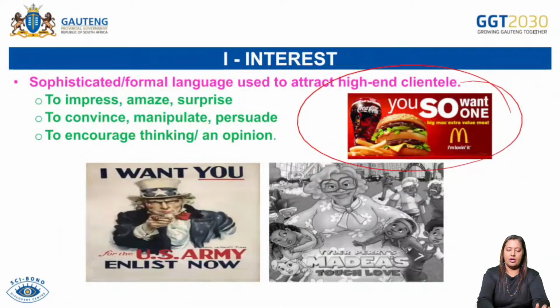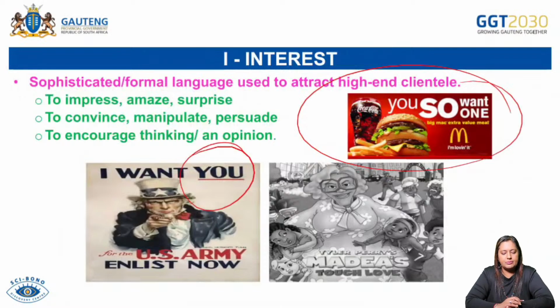The other one, "I want you," the US Army, for example, would immediately stand out. The word "you" would immediately stand out to me because you can see it's bolded and underlined in a particular color in this instance.